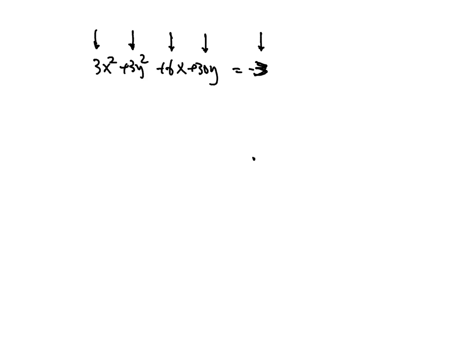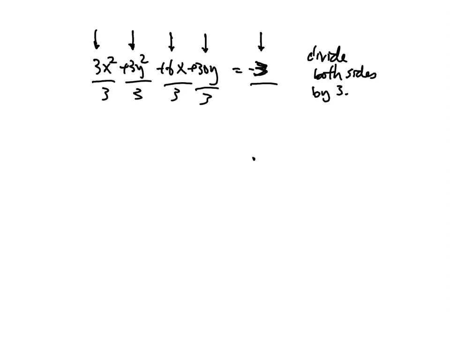I can probably divide both sides by 3. Everybody gets divided by 3. You get x squared plus y squared plus 2x plus 10y equals negative 1.